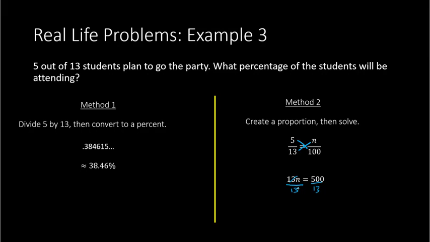Now we have n equals 500 divided by 13. We're going to save the division process for you to do on your own. But if we do 500 divided by 13, we would find that our solution would be the exact same. It would be 38.46. So our percent is 38.46% using both method 1 and method 2.